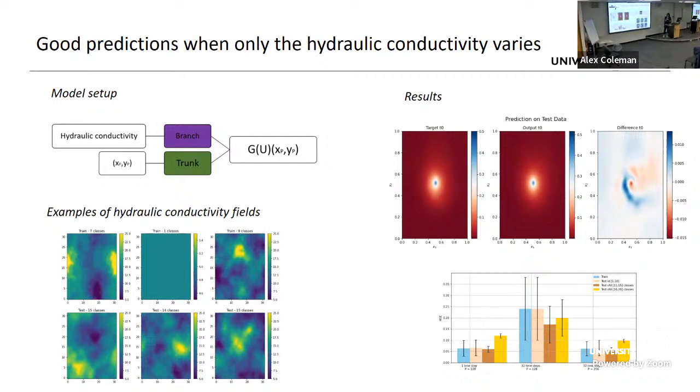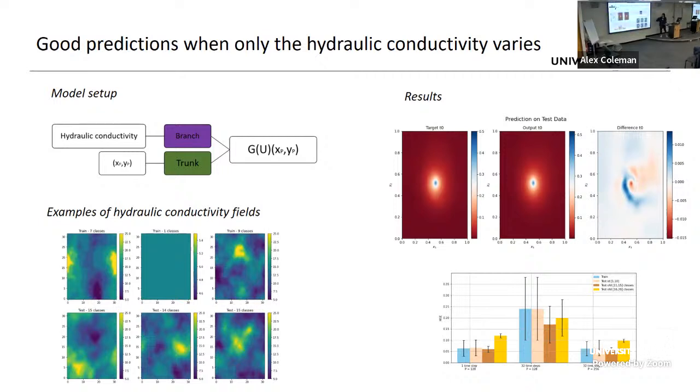I created random fields for hydraulic conductivity, and you can see some examples here. I create a random field and then discretize it into different classes, because soils or materials actually have very strict boundaries.